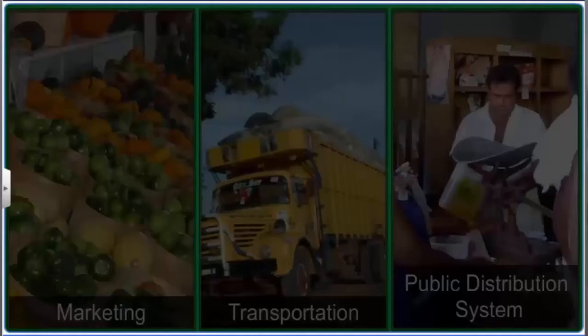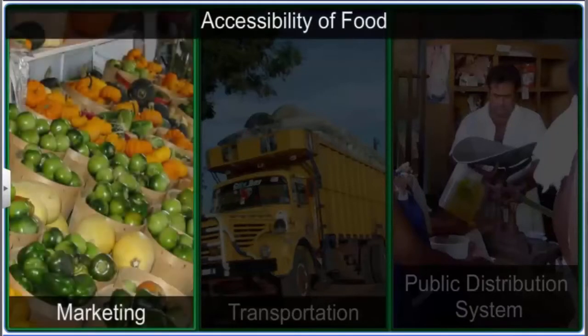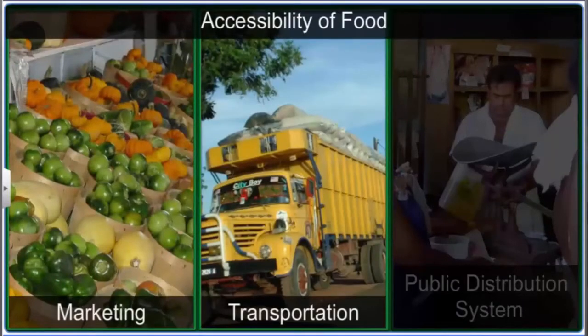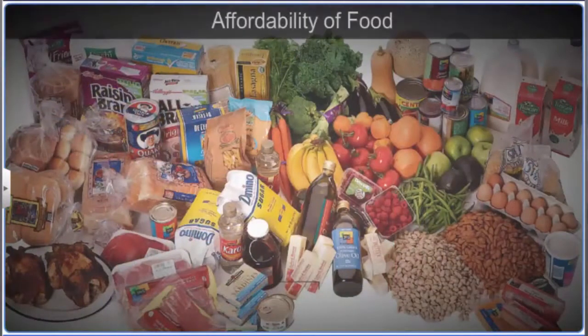No amount of food production and stocks can provide food security unless it reaches the people. This accessibility to food is provided by marketing and transport networks and the public distribution system. Even if the food is readily accessible, it does not provide food security till the people have enough money to buy it.